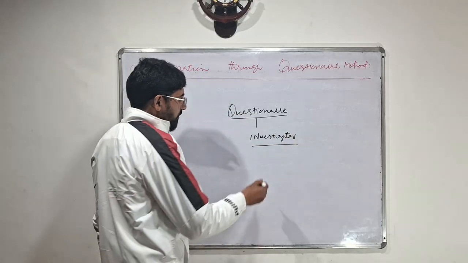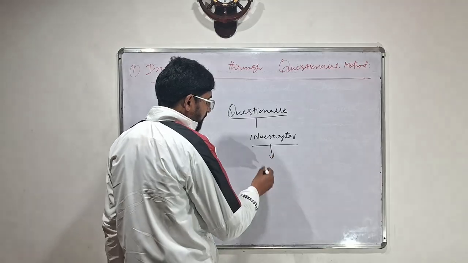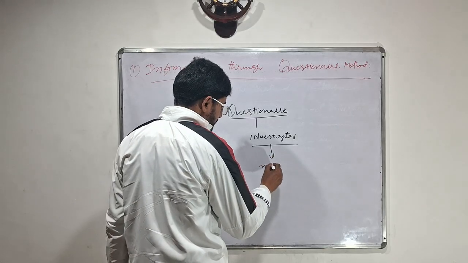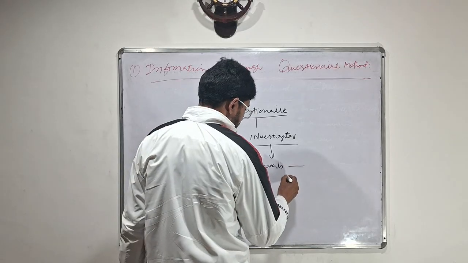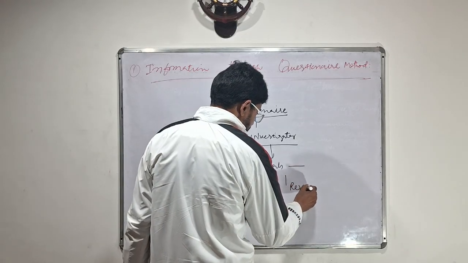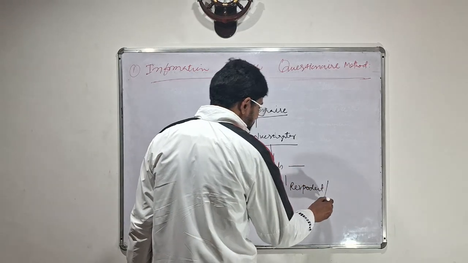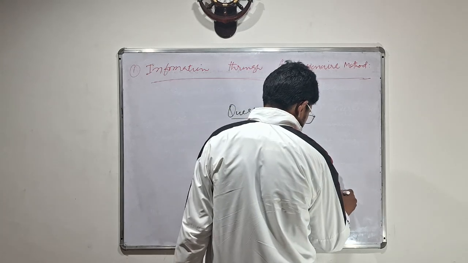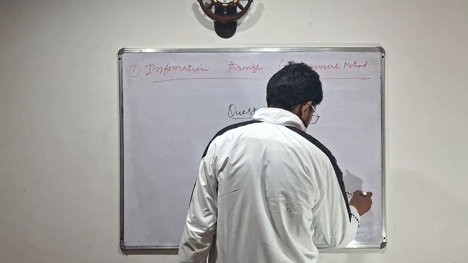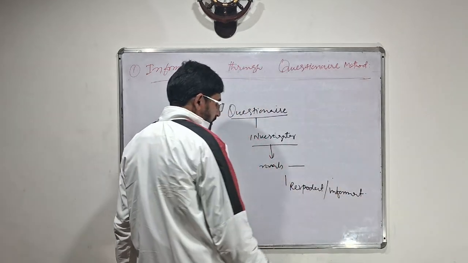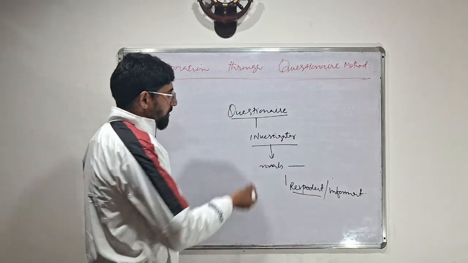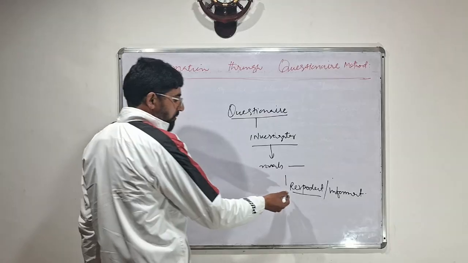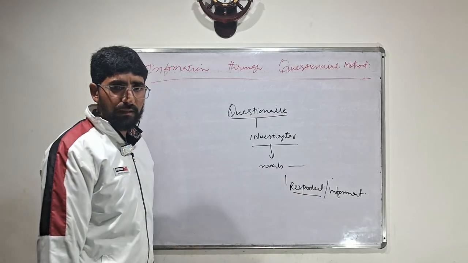After preparing the question paper, he mails it to the respondent or informant, as I already discussed. Means after preparing the questionnaire, he mails it to the respondent or informant in order to get information.